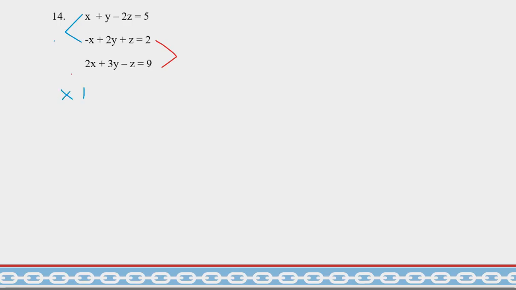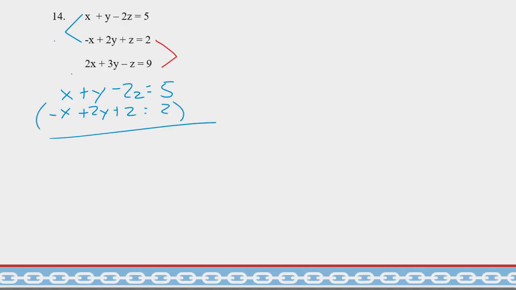Right, so copying down those first 2 equations. Right, x plus y minus 2z equals 5. And then negative x plus 2y plus z equals 2.